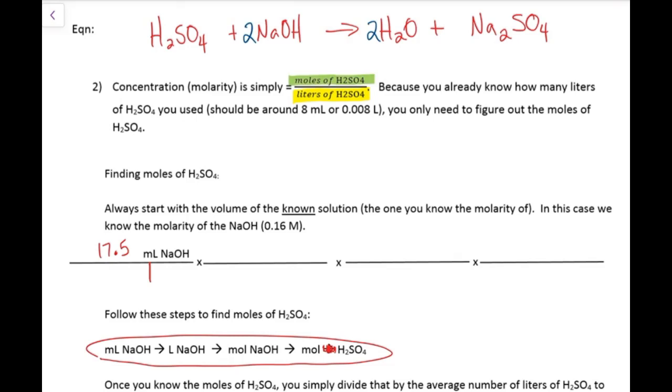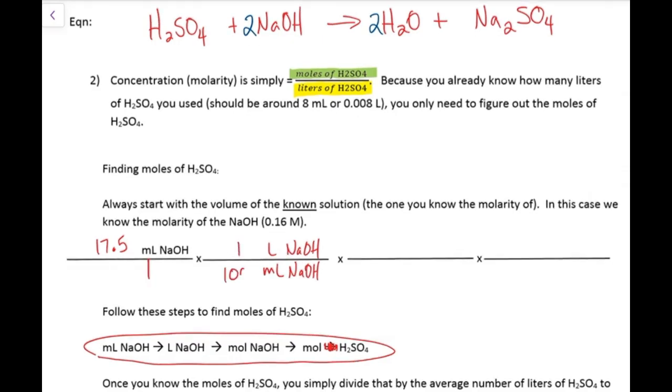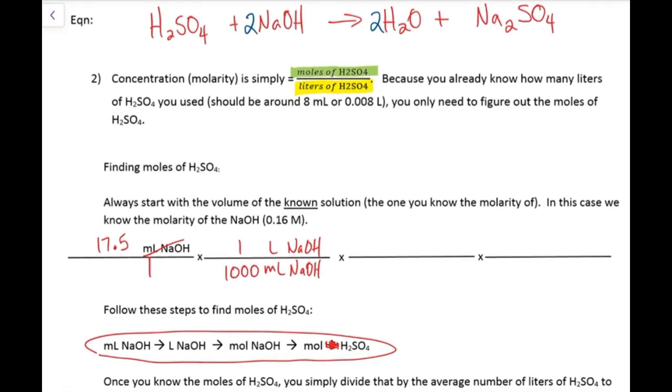Okay, so first step, milliliters to liters. And I want you to set this up again right there on your paper using your data. Don't use 17.5 milliliters. Use your data. So that's 1 over 1,000. Okay, so now we've gone from here to here. And now we want to go to moles of NaOH. So liters has to cancel. Moles is going to go on the top.